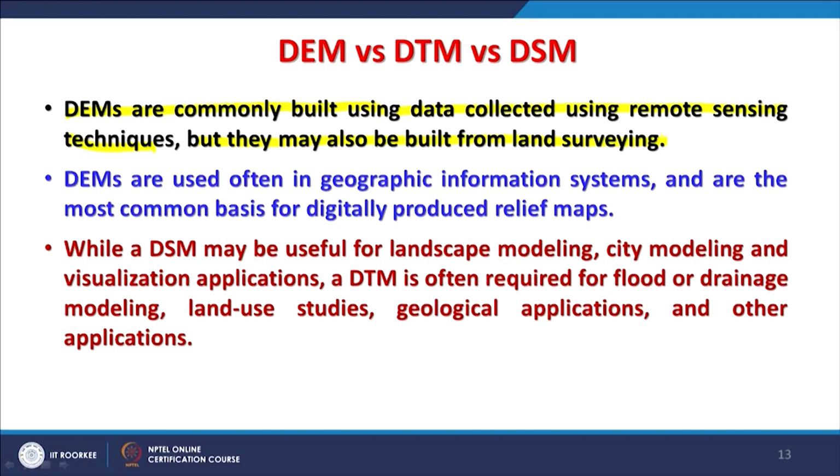So, for that purpose DSMs are quite useful. A DTM is often required for flood or drainage modeling, whereas DSM is for different purposes, and other studies are there. So, depending on your requirement, one can choose these, but DSMs are generated when we employ this LiDAR technique.